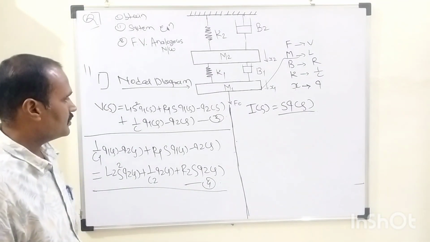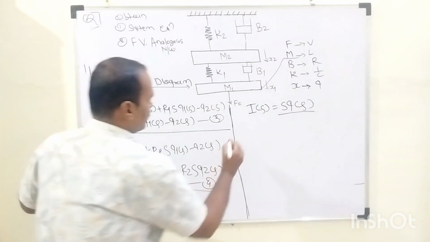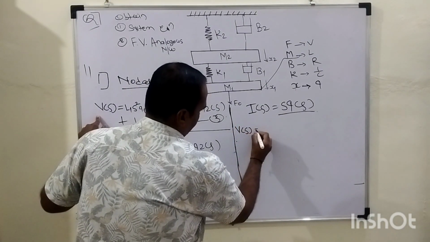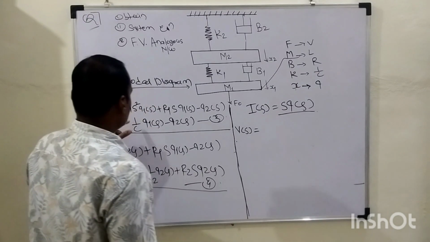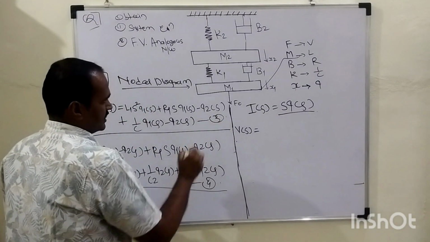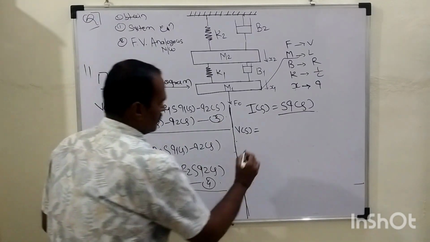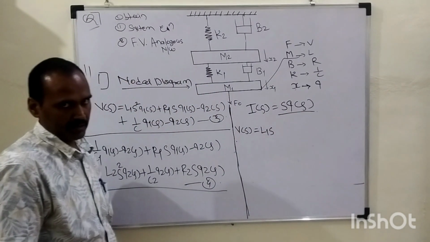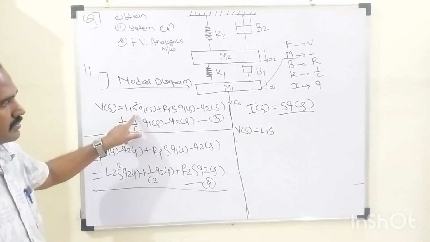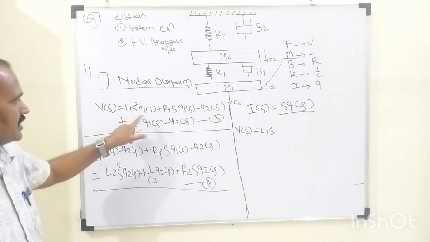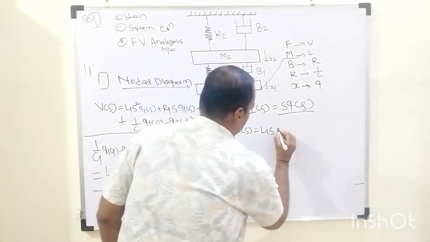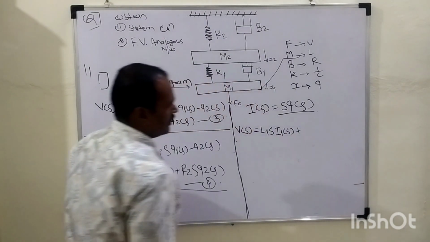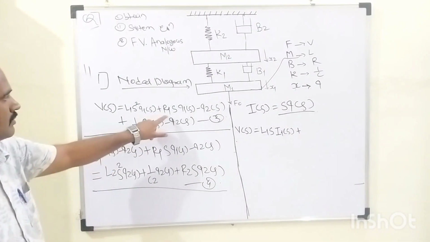So as a result of doing this, equation number 3 will become what? Here I will write equation number 3. V of S equals to S into Q of S is being replaced by I of S, so it will become L1, as we are having the S square, right? So it will become L1 times of S into I1 of S plus remaining term is what here?